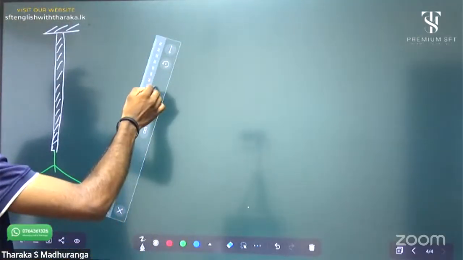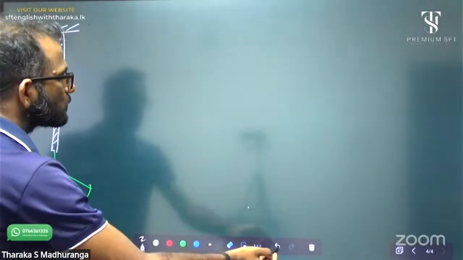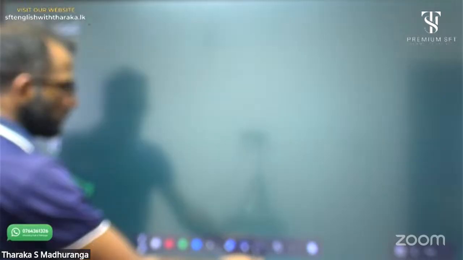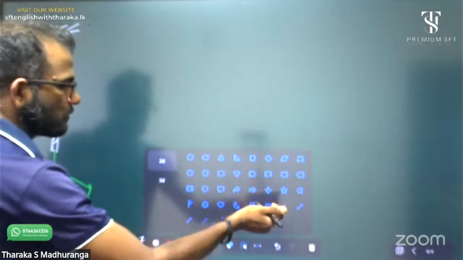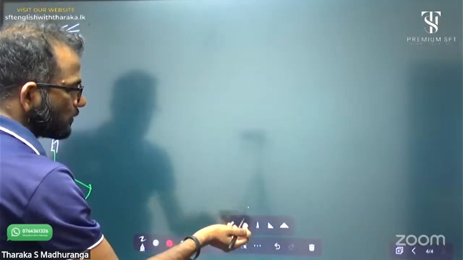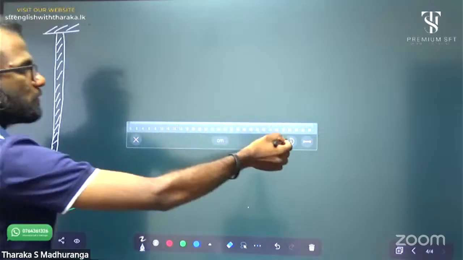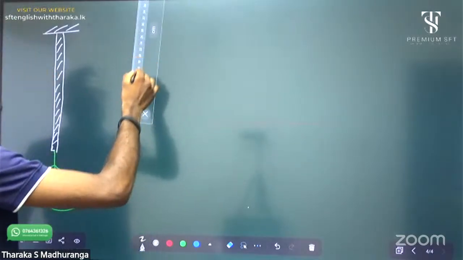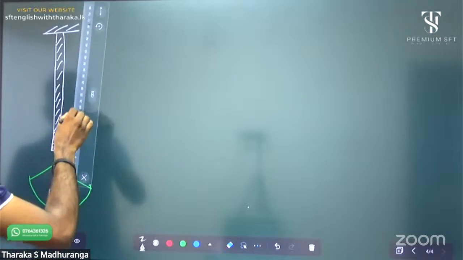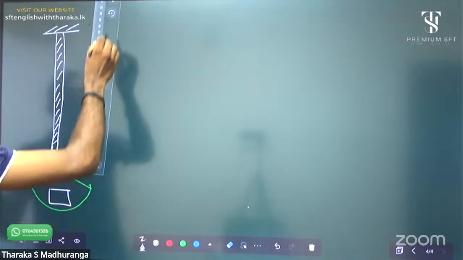Okay. Take a meter ruler or half meter ruler, that is okay, and measure the final length. Very simple thing. Get the meter ruler, and first you can get the initial length, 40 centimeters.